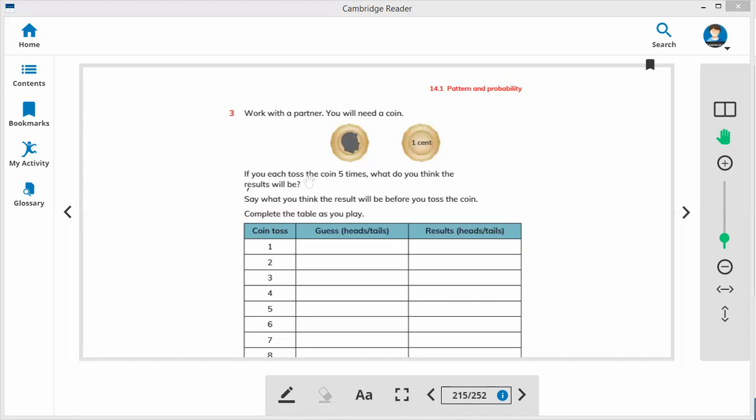If you each toss the coin 5 times, what do you think the result will be? Say what you think the result will be before you toss the coin. Complete the table as you play. So this is a game. You are going to throw the coin in the air, and before you throw it, you will decide whether it will be heads or tails.